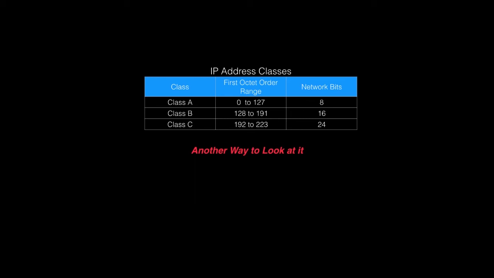Another way to look at it, you can see in the middle column the first octet range, and you can figure out what the class of your IP address is. 0 to 127 for A, 128 to 191 for B, and 192 to 223 for Class C addresses.